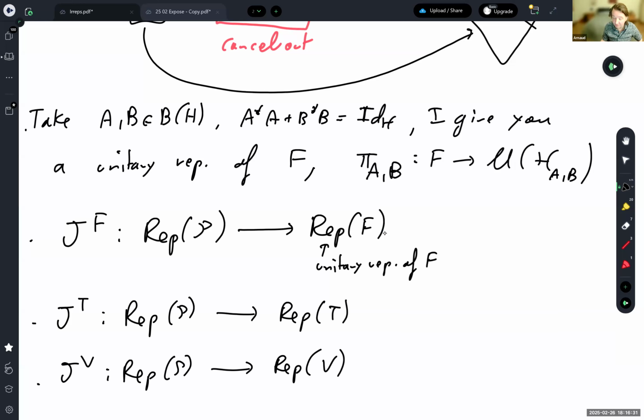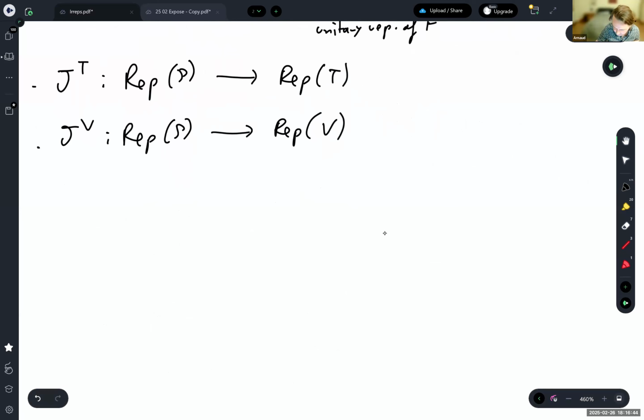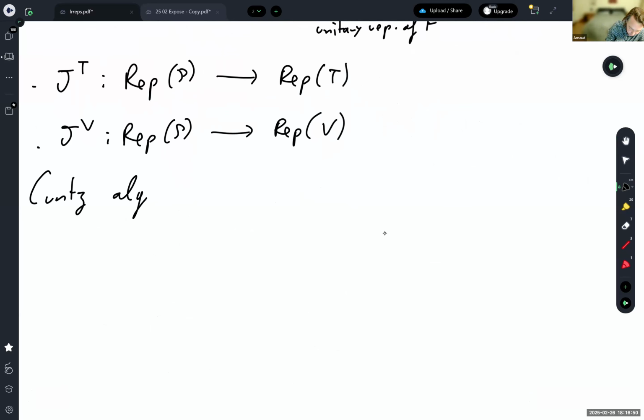Now, perhaps I should tell you that you can also get a representation of the Cuntz algebra. Because actually that was the one in my title, right? So I should definitely talk about that. So what about the Cuntz algebra? I would say it's even more natural.